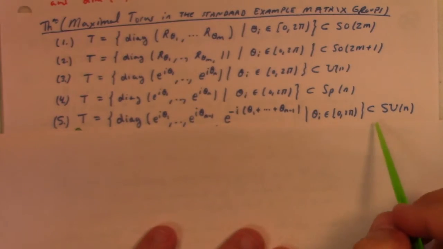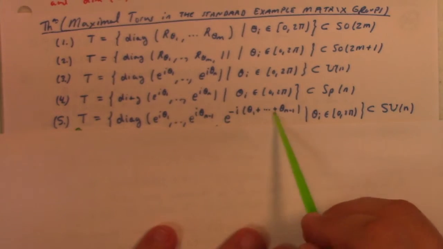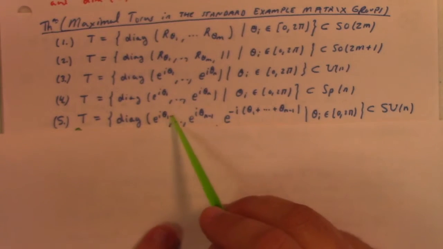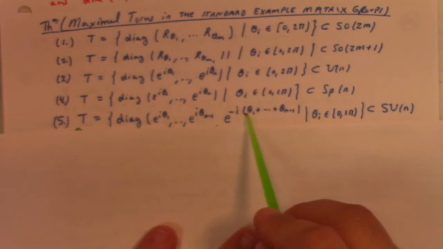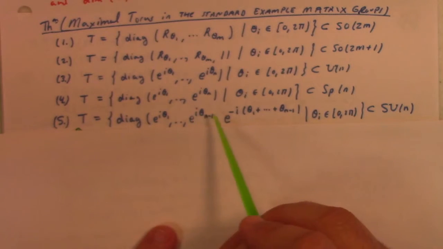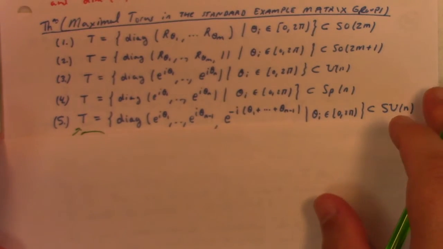And then the maximal torus in SU(n) is almost the same, but then this last one has minus the sum of all these guys, right? So this last angle depends in a somewhat simple way on the first n minus 1 of them. All right.